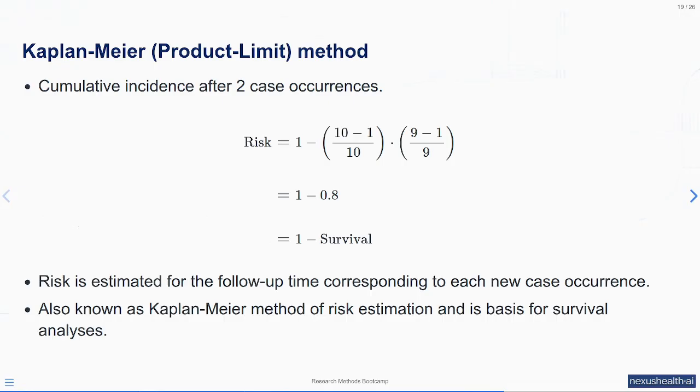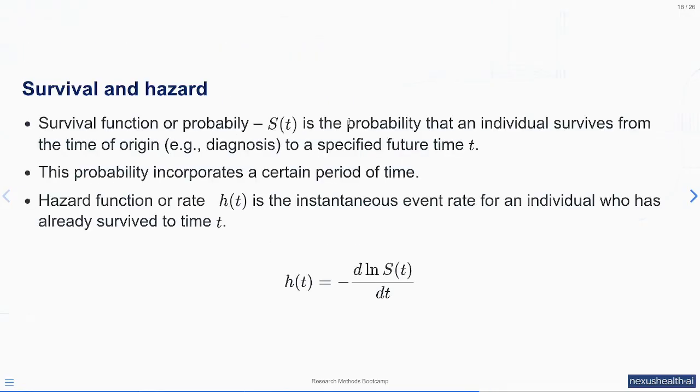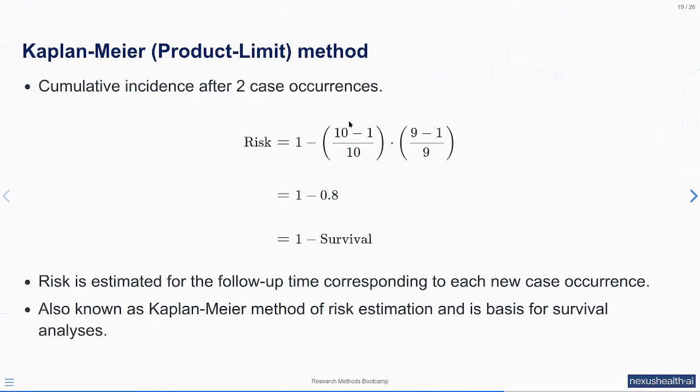So let me break it down. So assuming we have some subjects and we observe them over 2 time periods, and the probability of the event occurring in each time period is given to us as 0.1. So in the first time period, the probability of surviving that first time period is given to us as (10 minus 1) divided by 10.